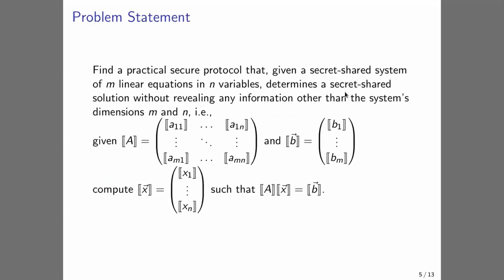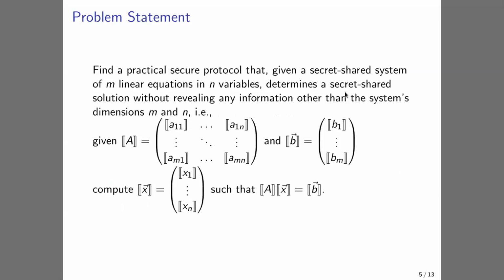So I think at this point we're ready to put our problem a bit more precisely. In our work we aim to find a practical, secure protocol that, given a secret shared system of m linear equations in n variables, determines a secret shared solution without revealing any information other than the system's dimensions.